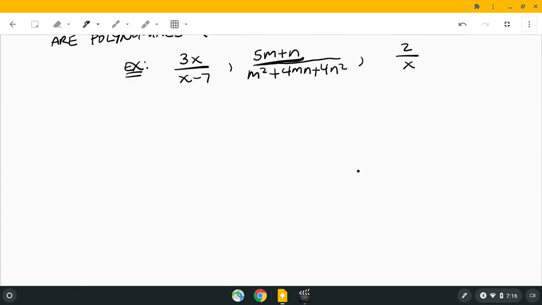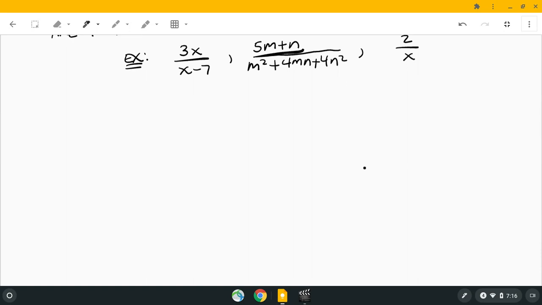Okay. So a rational function. This one we're going to be a little more brief with, and the focus of 6.1 will be on simplifying.